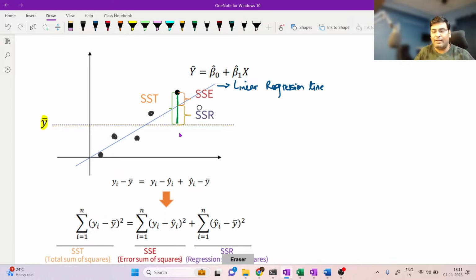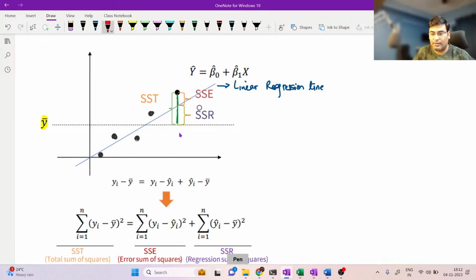And overall, the sum total of this means the difference between the actual data point and the average value. So this is your actual data point and the average value, and that becomes your sum of square total. So you have regression sum of square, which is the difference between the average value and the predicted value.